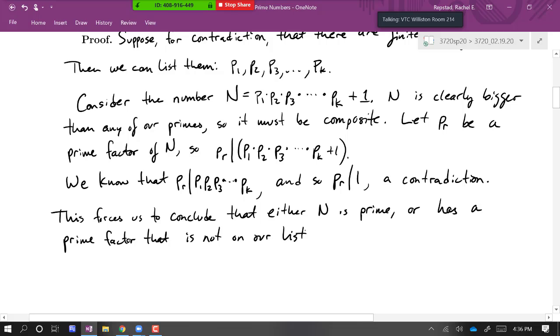And that's another contradiction. It must be we weren't able to list all the primes. Right? Something's wrong with that assumption. So there must be infinitely many primes.